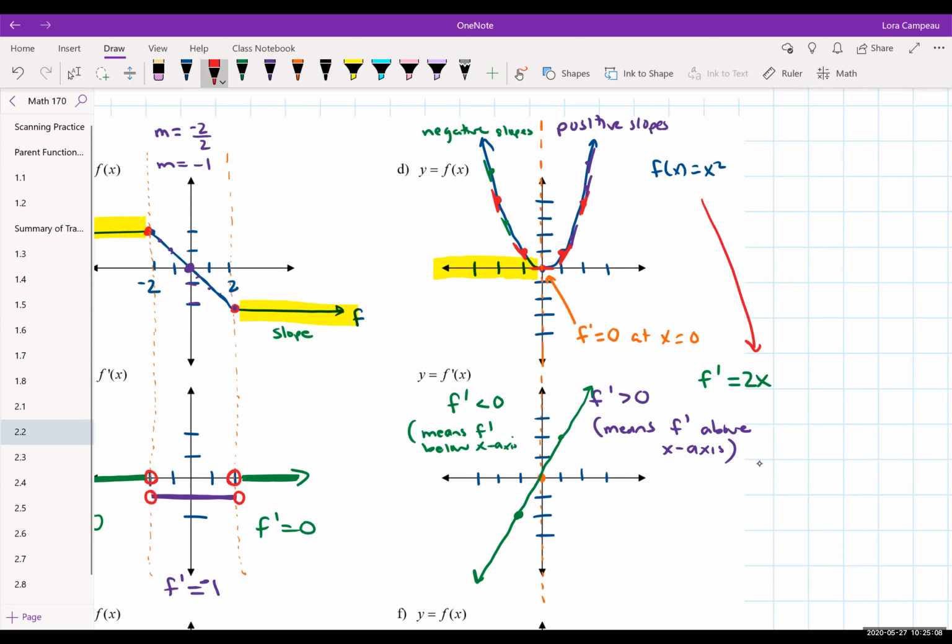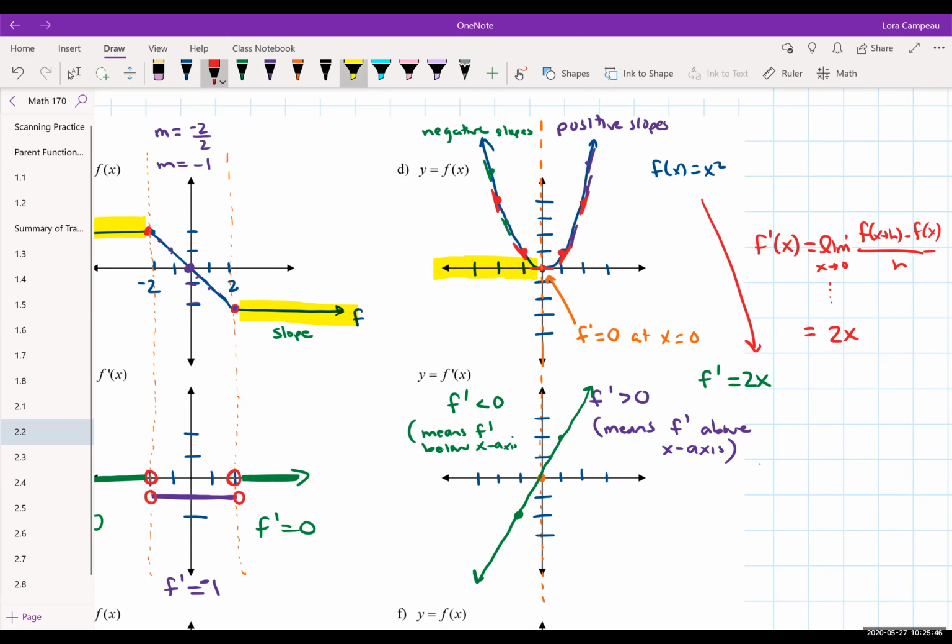Drawing on examples from the last section, calculating the derivative based on the limit definition, that was when we were doing f of x plus h minus f of x over h. We ended up getting 2x. If I draw that in, I just want to inspect that at x equals 0, the derivative crosses through 0.